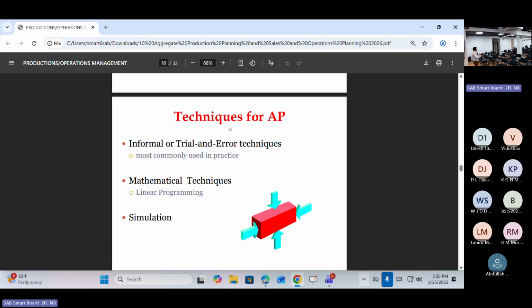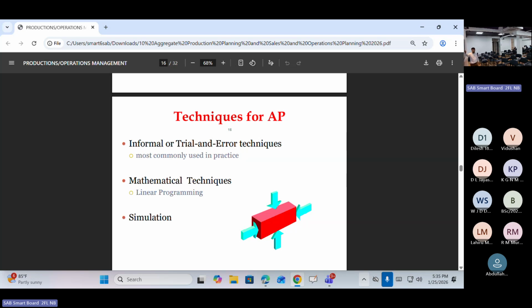When you have the required data and the competent people who can develop these equations and solve them for the company, then they can identify the production volumes and other things that maximize the profitability or minimize the production costs. So that is the second technique that is commonly used.